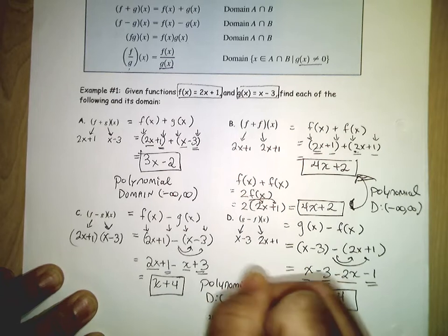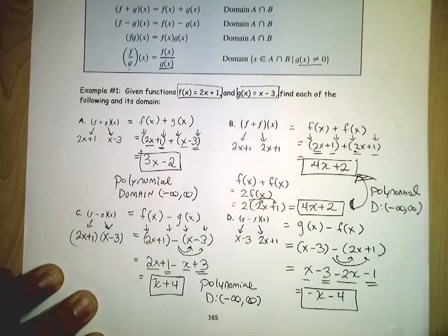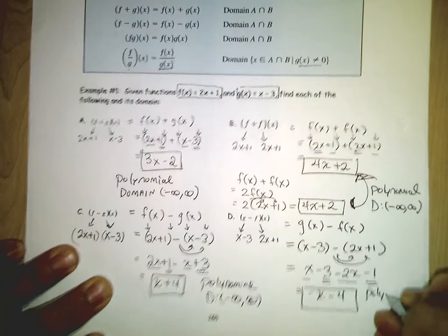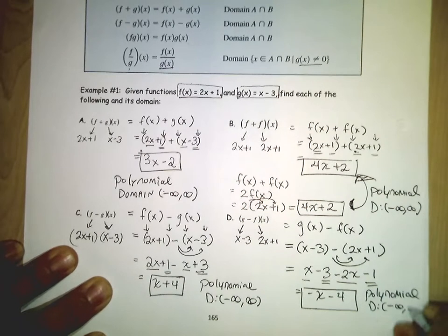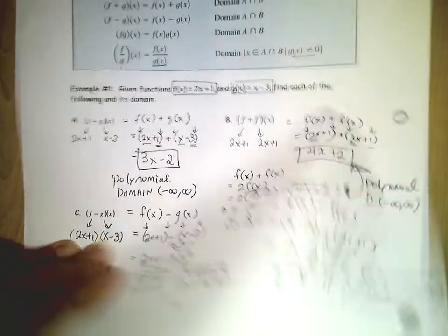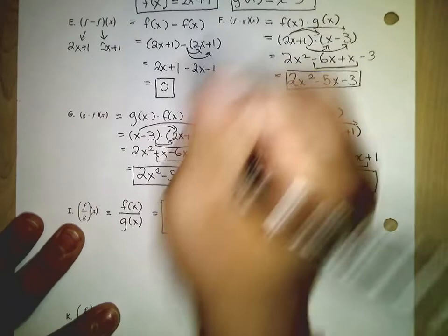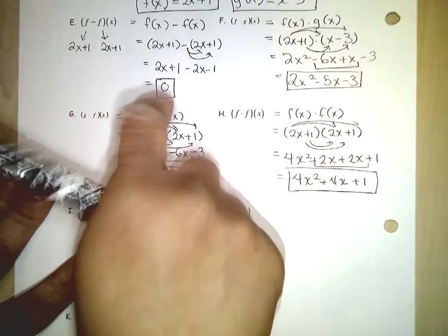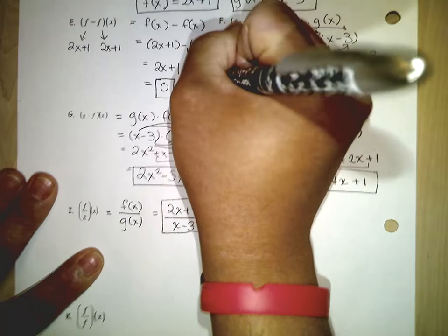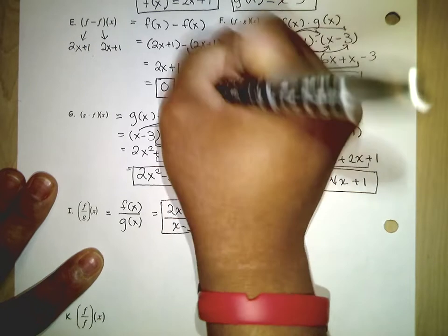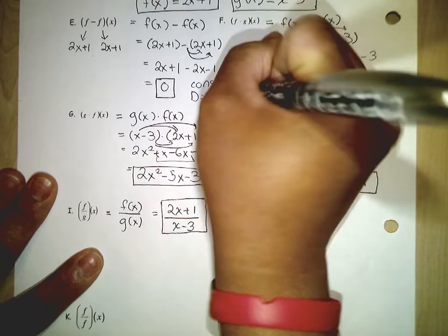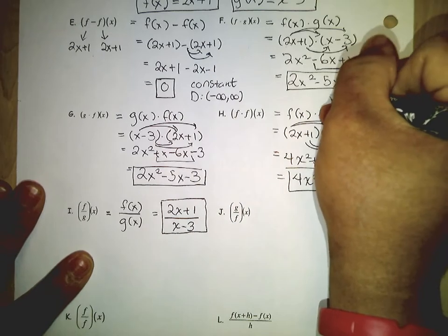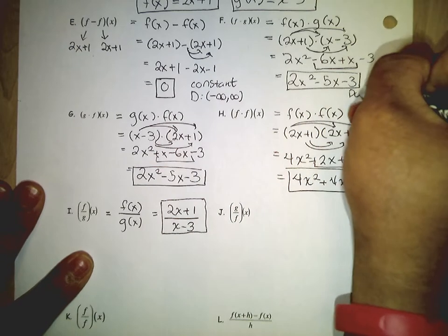So the domain is negative infinity to infinity. Part D, negative x minus 4 is a polynomial. So the domain is negative infinity to infinity. And in E, even though it's a constant function, it's still a function with a domain of negative infinity to infinity. Part F, we get a polynomial.